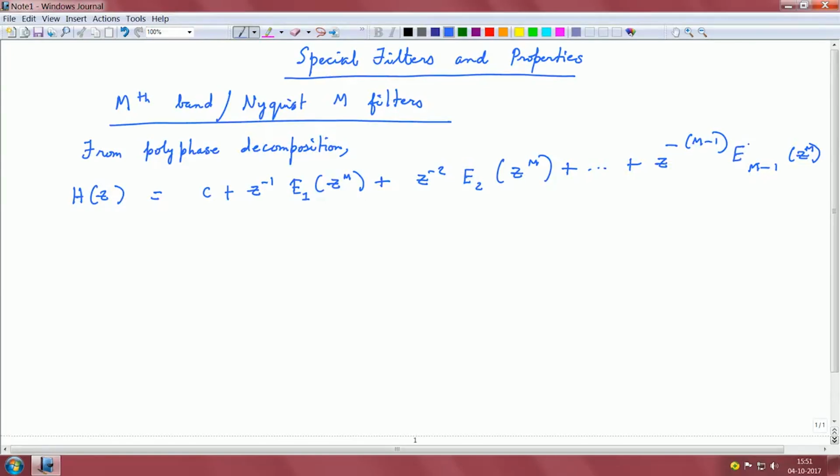Okay. So, h of z can be written as c plus z power minus 1, E1 of z power m, z power minus 2, E2 of z power m, and so on and so forth.